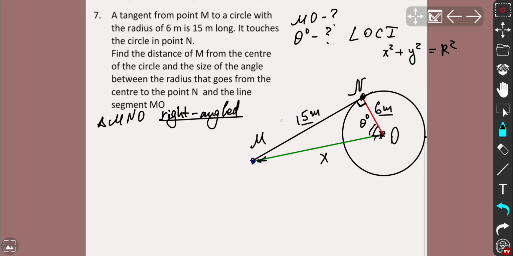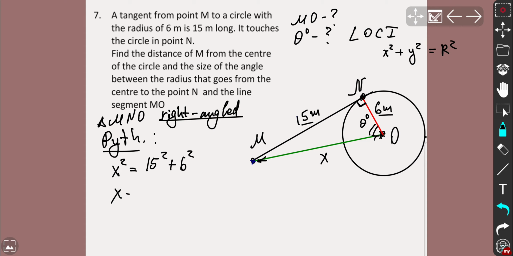We could use Pythagoras or trig ratios. Oh no, we cannot use trig ratios because we don't know theta. So the first step is to apply Pythagoras. Pythagoras connects all three sides, and that's why x squared is going to be 15 squared plus 6 squared.